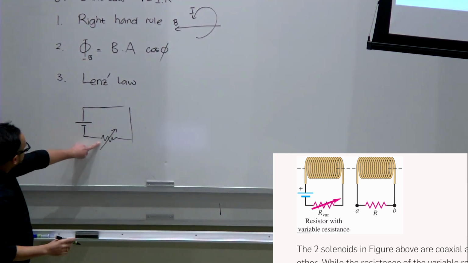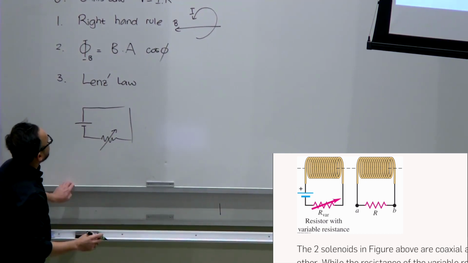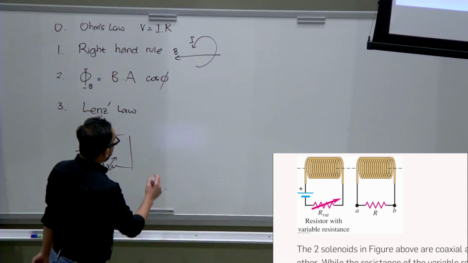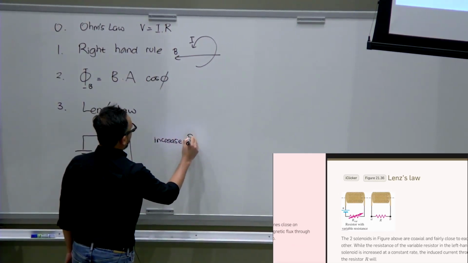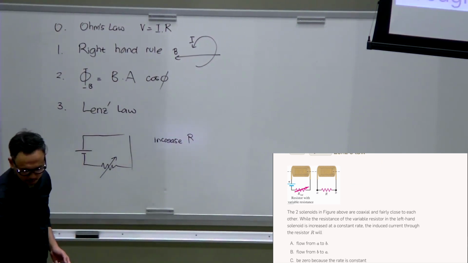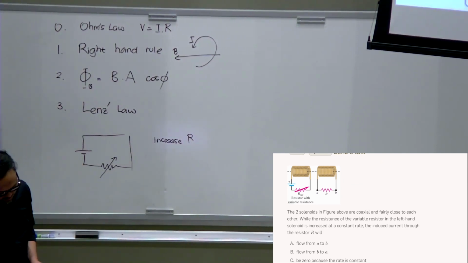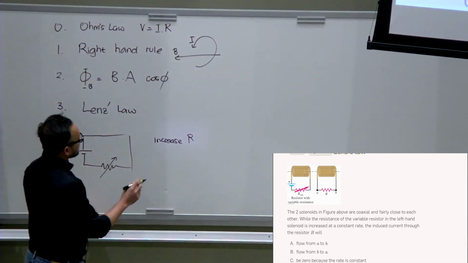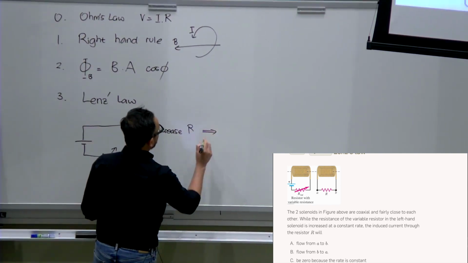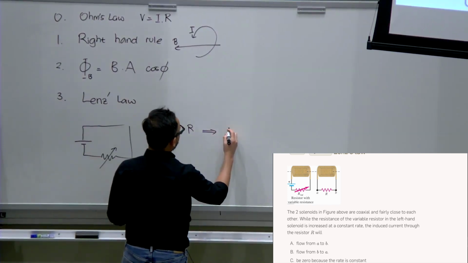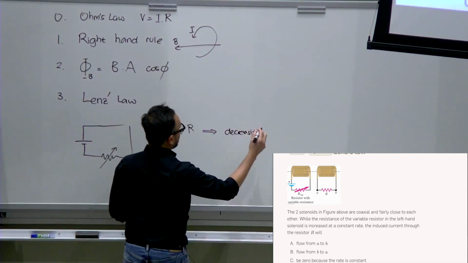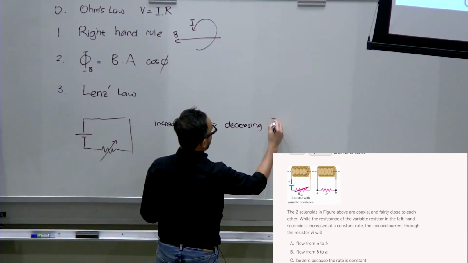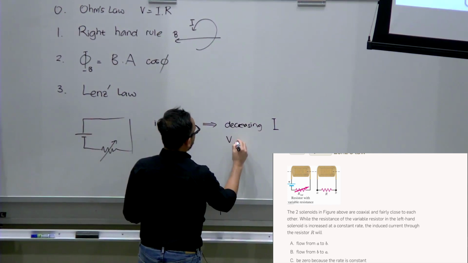This is a variable resistor. Then V stays the same. That means if you increase R, so that's what is given by the problem, you increase the resistance, this will result in decreasing what? I. V stays constant.